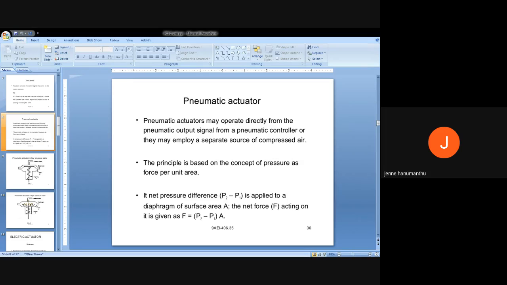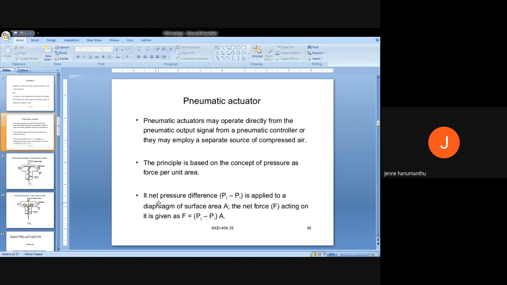If the output is pneumatic, meaning non-electrical, the input should be electrical. So as per our requirement, by selection of the actuator, we have to modify the input and output signals, right? And a pneumatic converter simply converts pneumatic signals into some suitable mechanism. So the principle is based on the concept of pressure as force per unit area. That means it may accept air pressure.